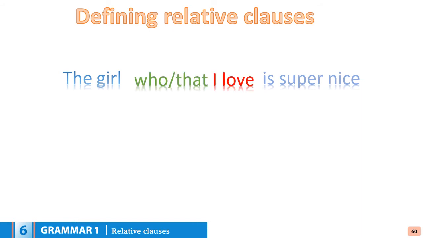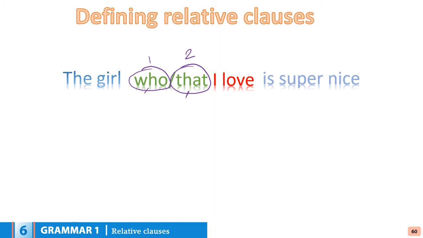The girl who I love is super nice. All right, so in this case, you've got two options. Option number one, you say the girl who I love is super nice. Option number two, the girl that I love is super nice. Right? You can choose one or the other.